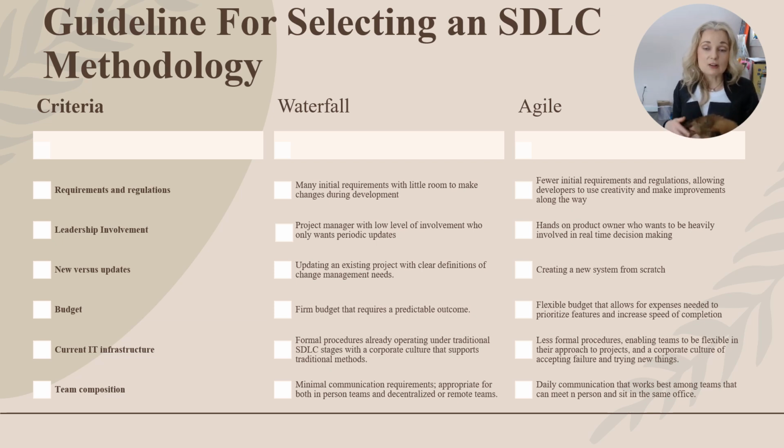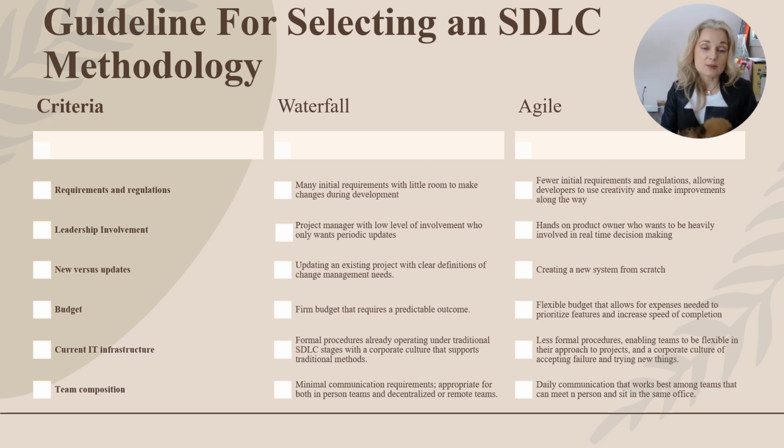Whereas with agile, you have less formal procedures, enabling team flexibility and a corporate culture that accepts failure and trying new things. So you have to look at what type of organization you're working for in order to see which type of methodology would best fall in place with their existing culture.